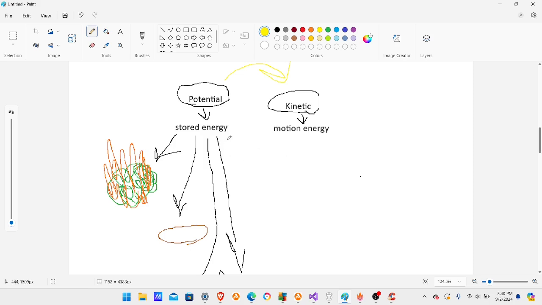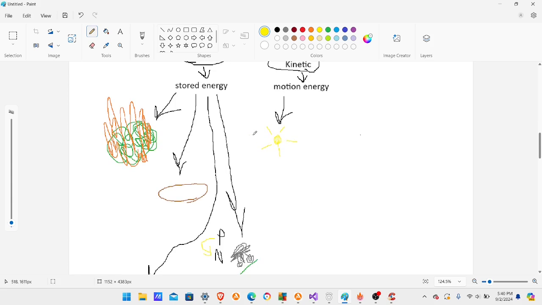So you have radiant energy, so this would be the sun.